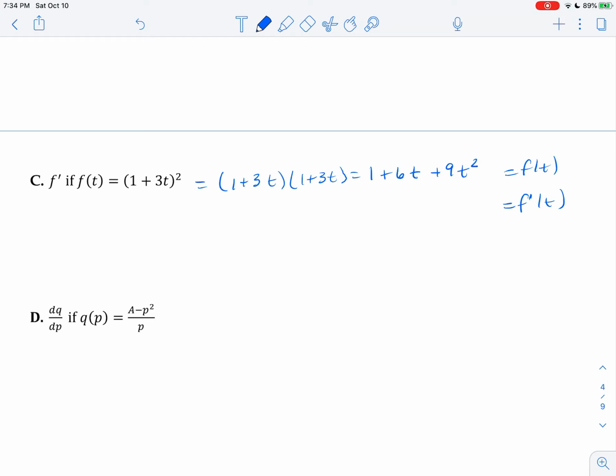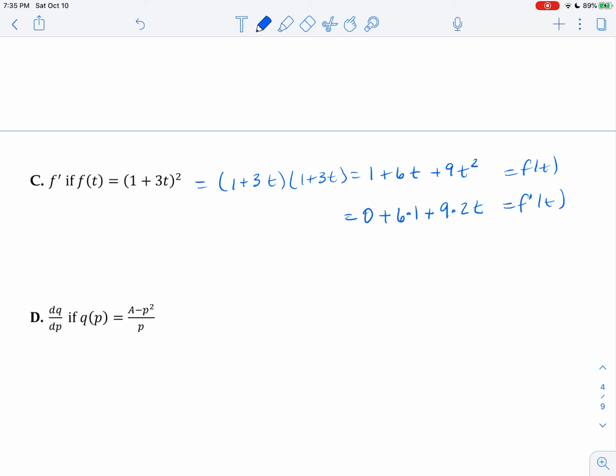So what is my f prime of t? My f prime of t is going to be, what's the derivative of a constant? 0. What's the derivative of 6 times t? 6 times the derivative of t, and the derivative of t is 1. So we can use this as 6 times 1. And what is our derivative of 9t squared?